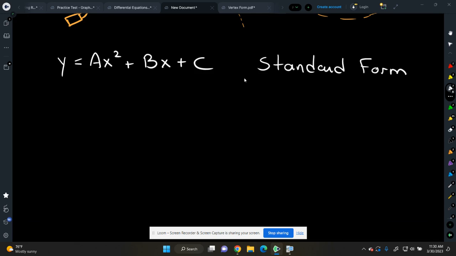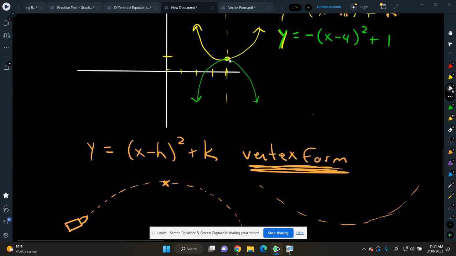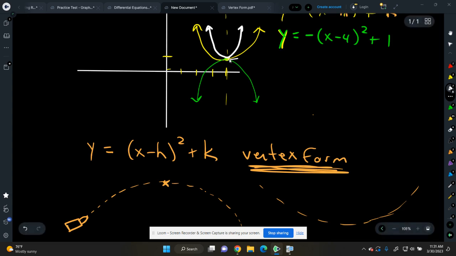Up until now, we've been sketching the graph because I don't know, based on the information I have, whether the graph looks like that or whether it looks like this. I'm not sure. And there's a significant difference. I mean, it could be a really fat parabola. I'm not sure based on the information I have.